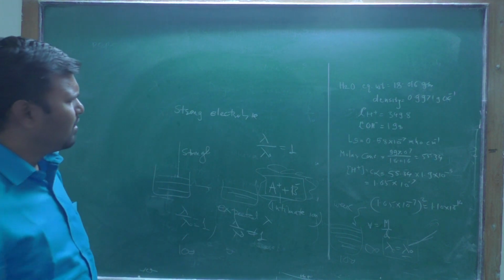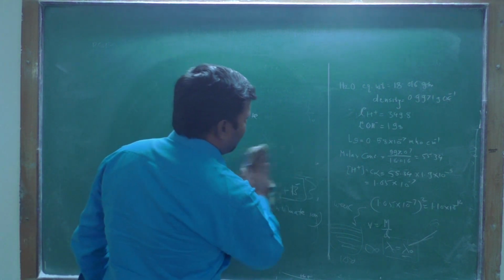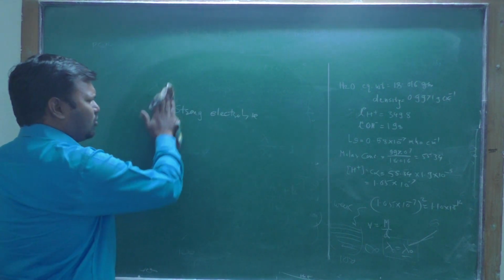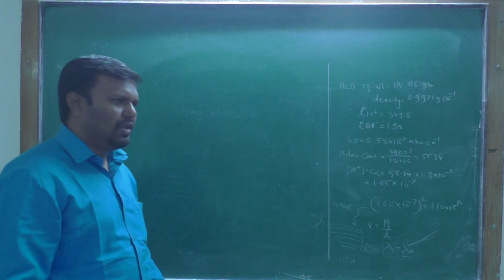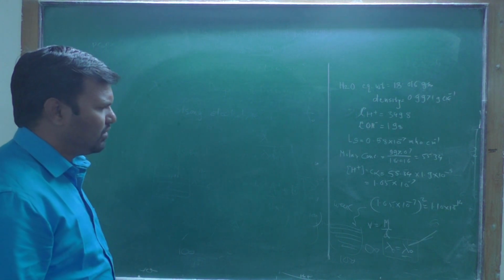For a weak electrolyte, alpha is equal to lambda upon lambda 0. Now we will discuss the uses or applications of equivalent conductance.